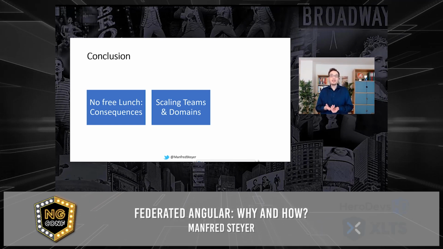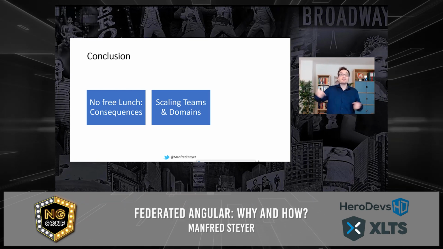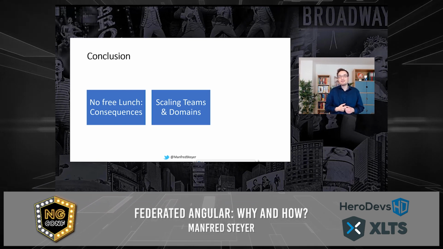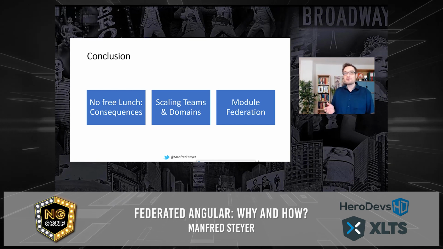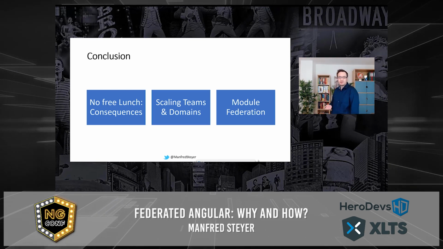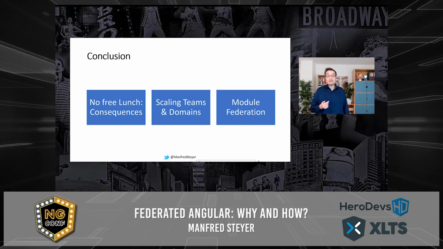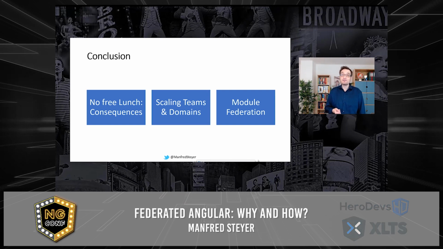You want to scale your application across several teams that can work in isolation, in an autarkic way, that can deploy separately. And we have seen that module federation is a nice new solution that is quite unobtrusive and that really solves the issues we've talked about in a very nice way.